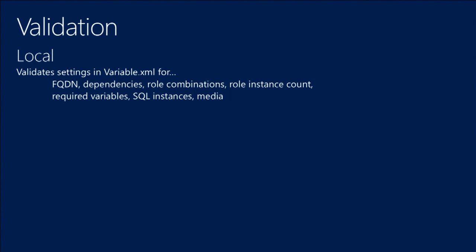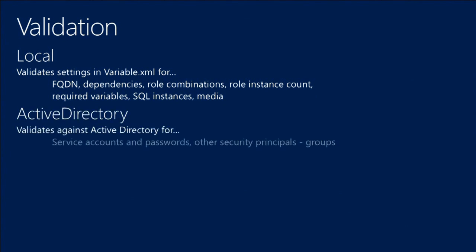Make sure you put an FQDN for every server. Make sure you haven't combined things that shouldn't be combined. Make sure you've specified all the variables that are required, and everything that needs to be known about SQL. For anything you're installing, make sure you have the media in the location you specified. So without checking any remote systems, the local validation checks the contents of that variable XML file.